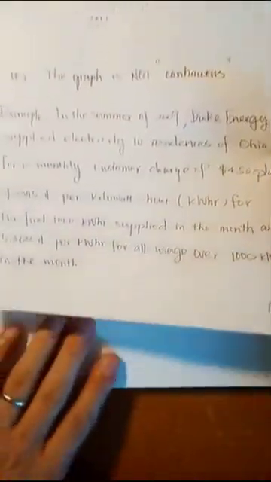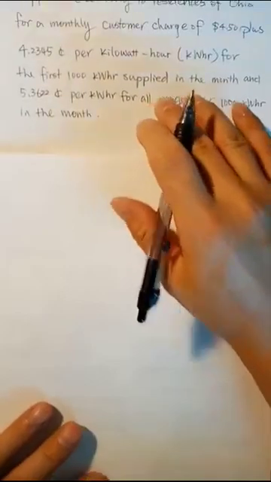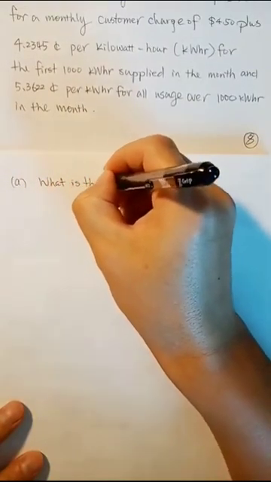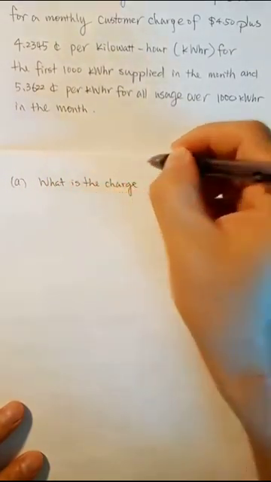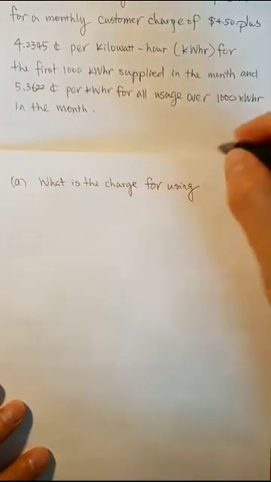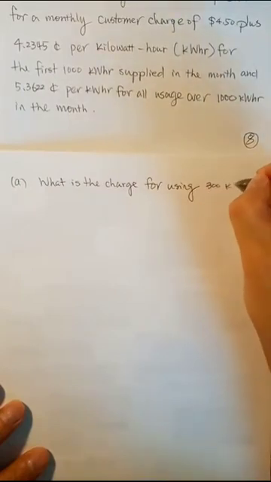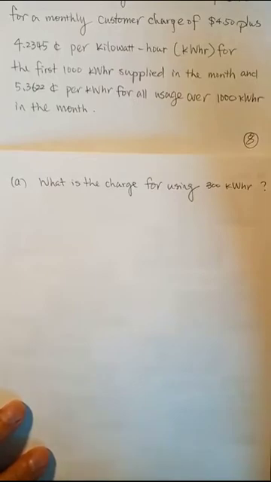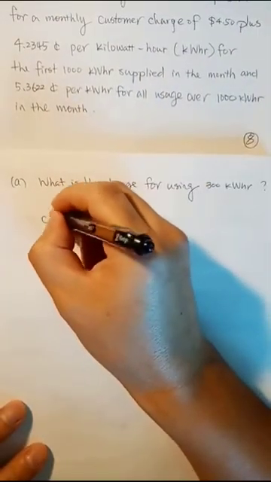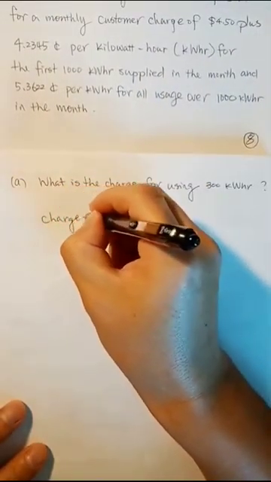Okay, now let's see the question. Question 1. What is the charge for using 300 kWhr? 300 is less than 1,000, so the charge comes from two parts.